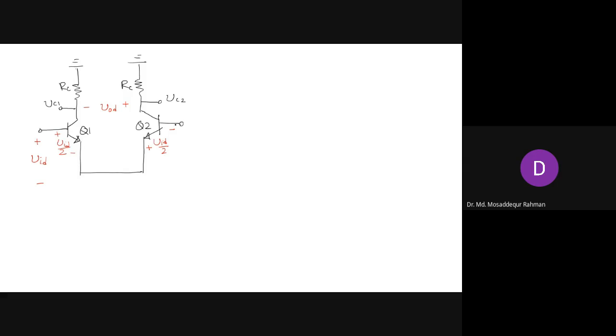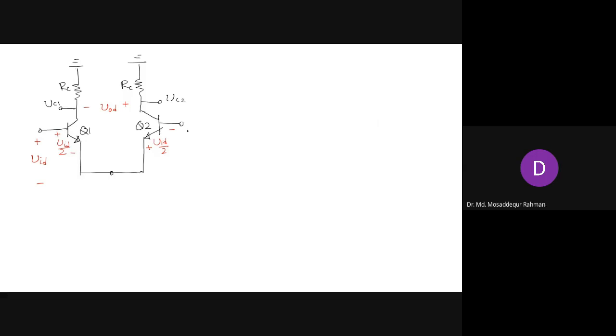So with respect to this common point, the voltage at this terminal is lower, and the voltage at this terminal is higher, by half VID.